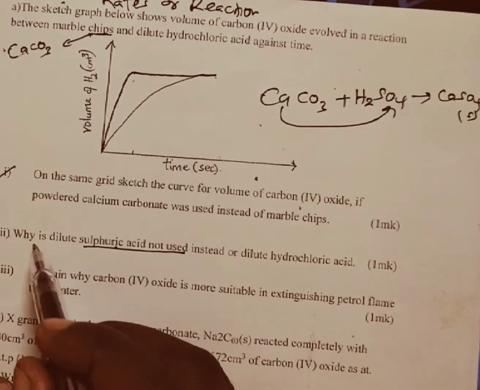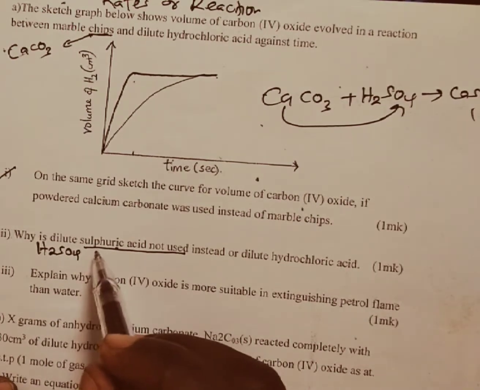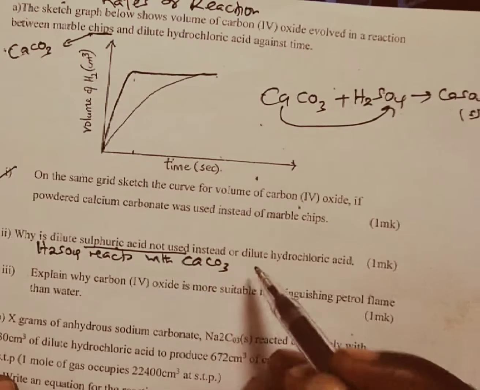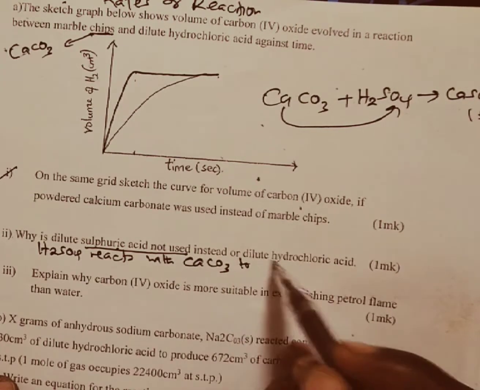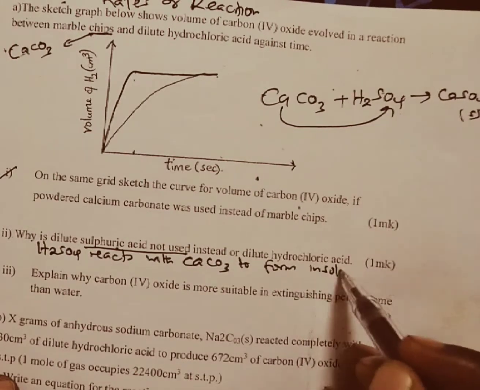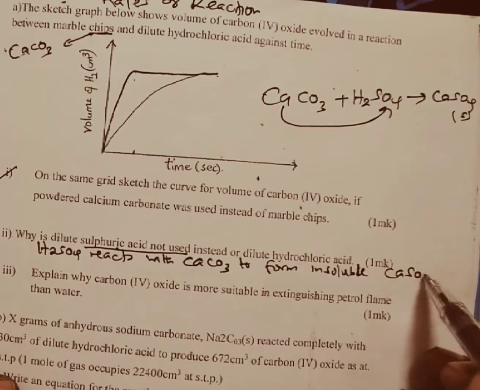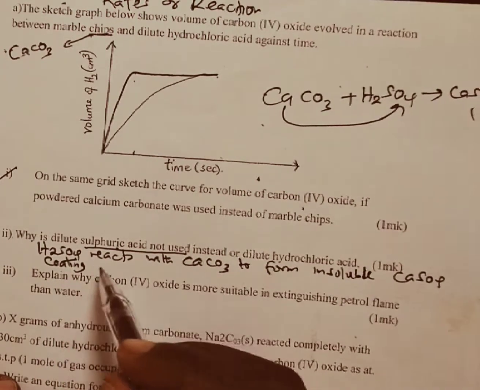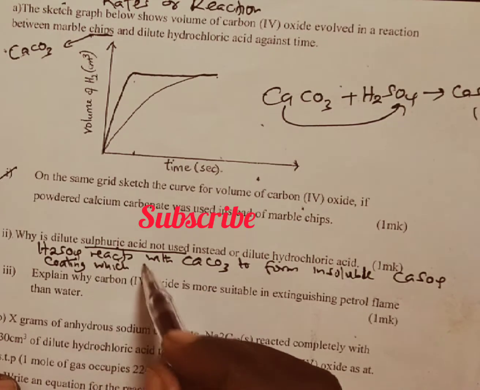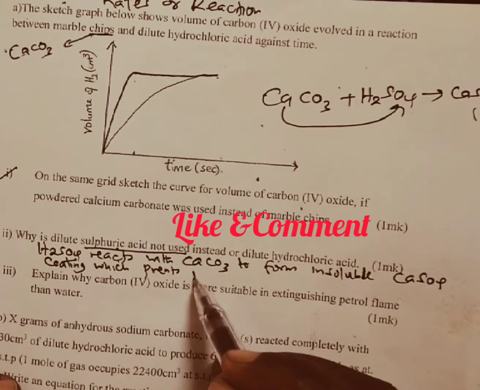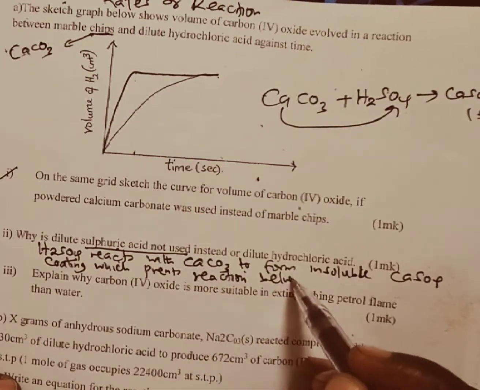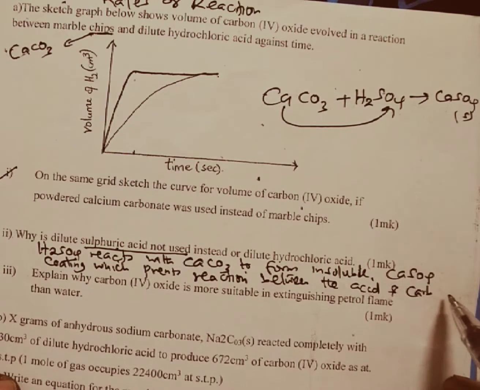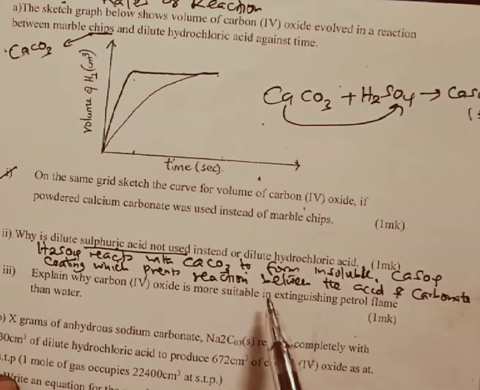So we can say that sulfuric acid reacts with calcium carbonate to form insoluble calcium sulfate coating, which prevents any further reaction between the acid and the carbonate. That means literally that particular reaction will stop.